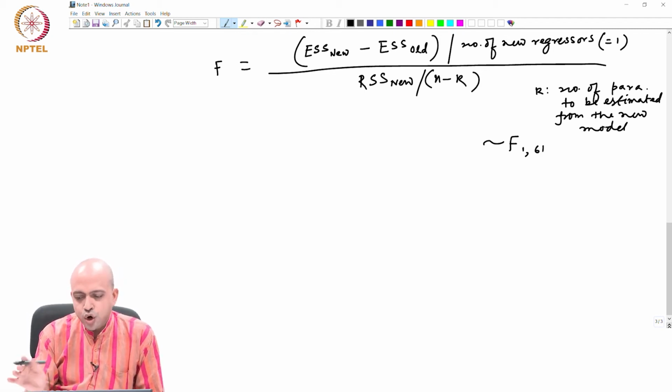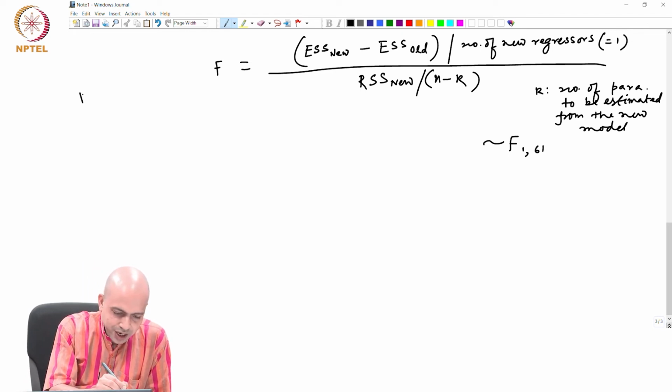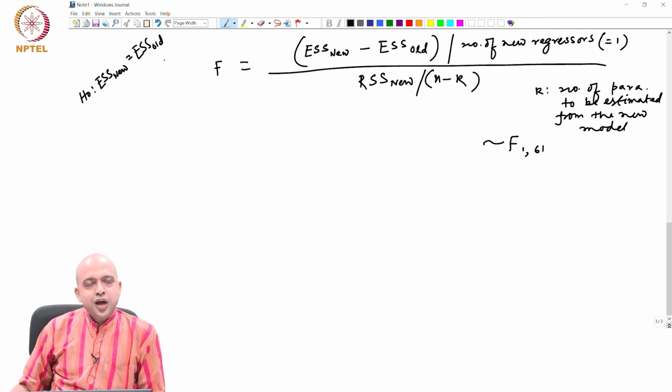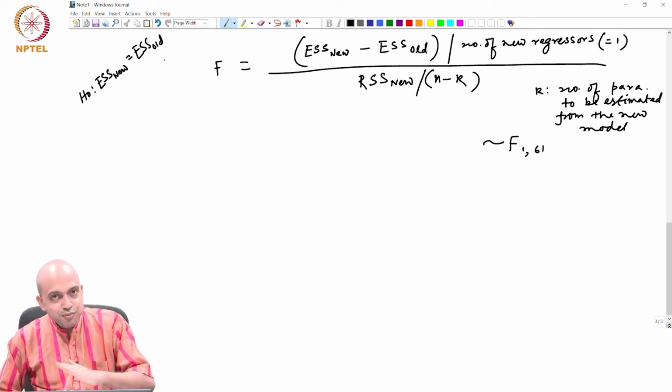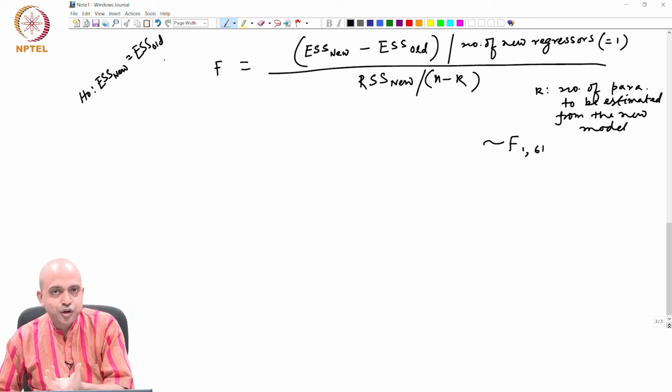What is the logic of this? Here the null hypothesis is that ESS new equals ESS old. What is our claim? Our claim is that PGNP brings a significant contribution in terms of explanatory power of the model.